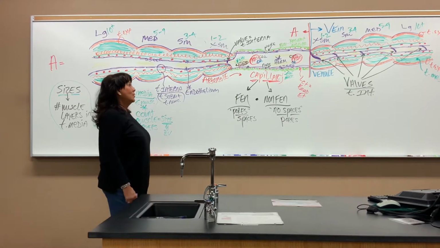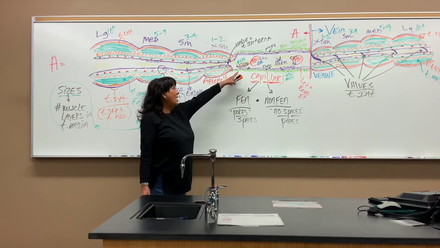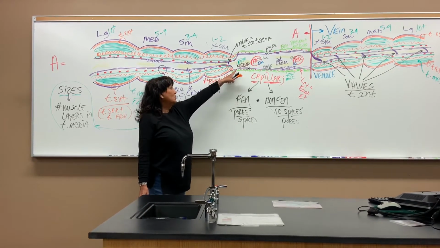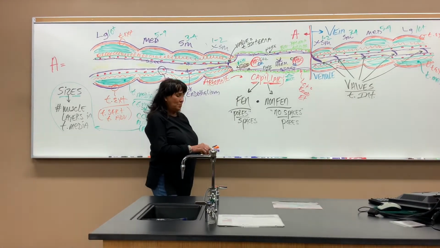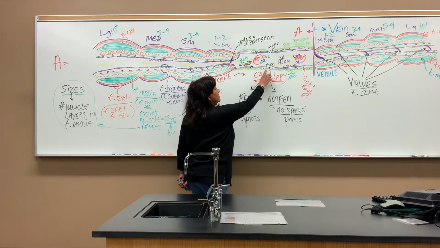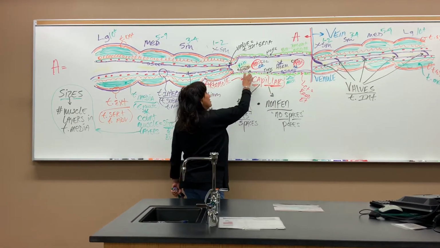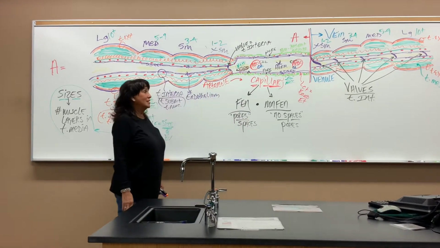Now, one other thing is the simple squamous has to be fed. You have to bring in food via the capillaries. Right underneath these simple squamous ET cells is a little bitty layer of loose CT and capillaries. This is the lamina propria, and they will feed those little simple squamous ET cells.